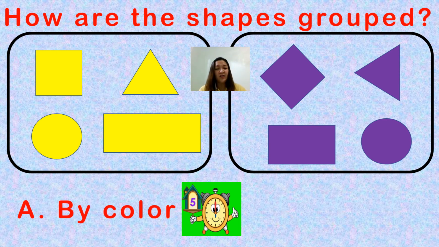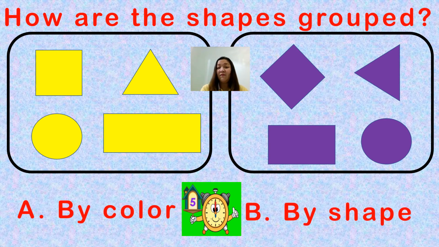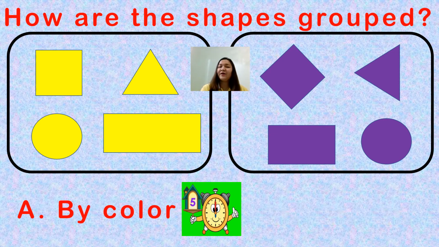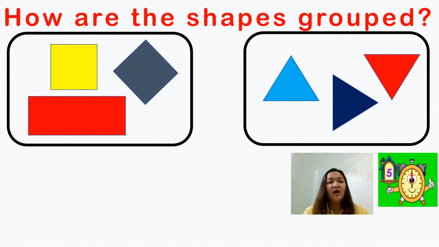How are the shapes grouped? A by color, B by shape. So what's your answer? It's letter A, by color. How are the shapes grouped?